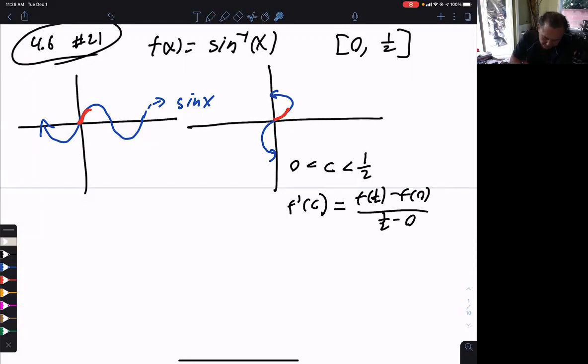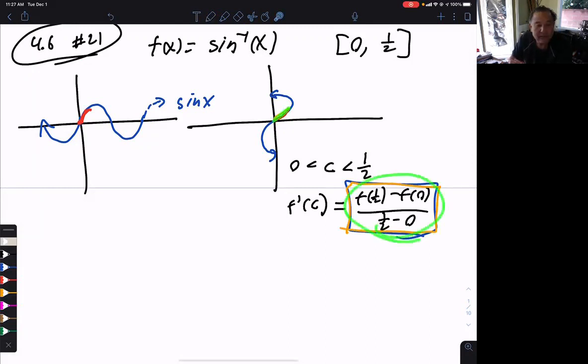Well, what is this? That's the slope of the secant line. I should do that in a different color. It's the slope of that line between those 2 points. I don't know if you saw that. The slope between these 2 points is that. There's got to be a place where the derivative equals that. I'll do the derivative in green.